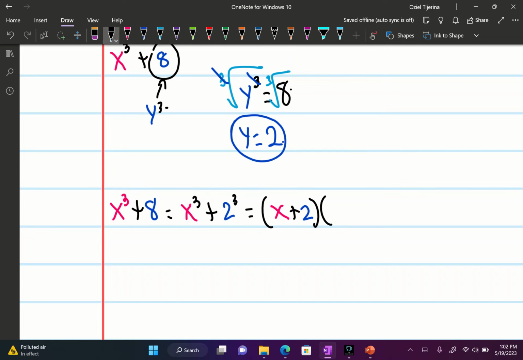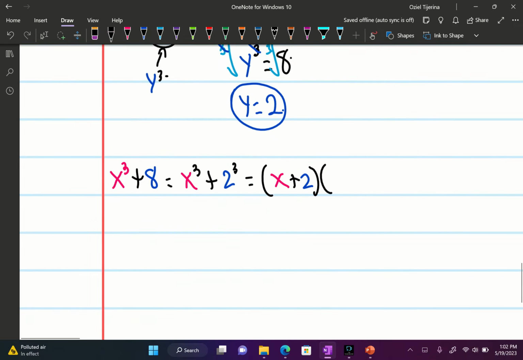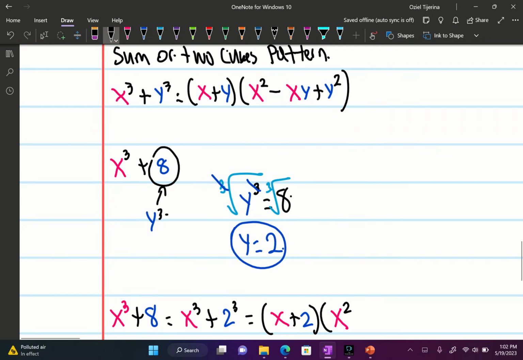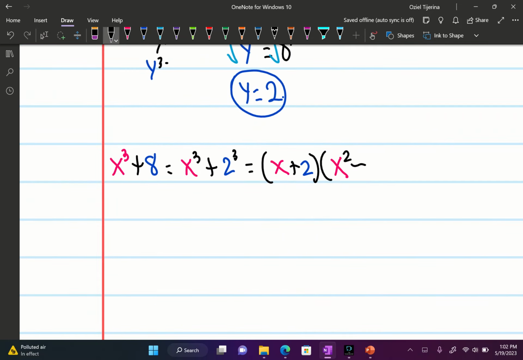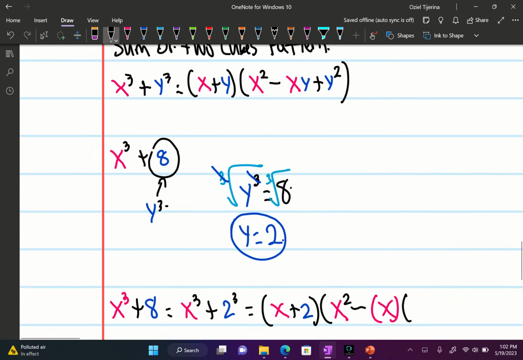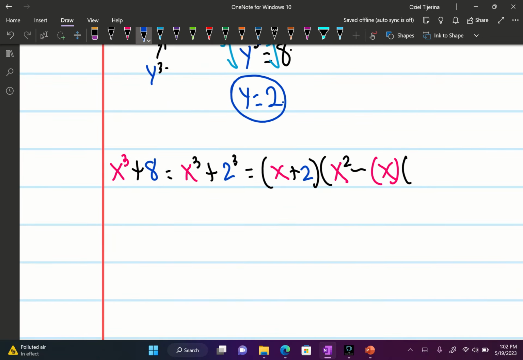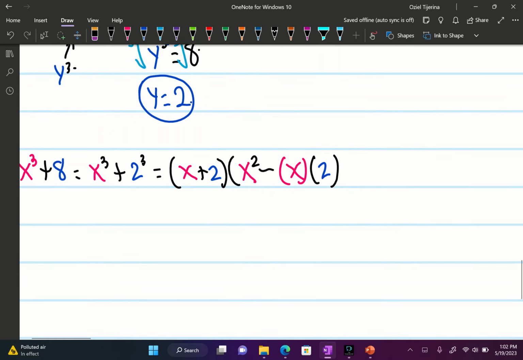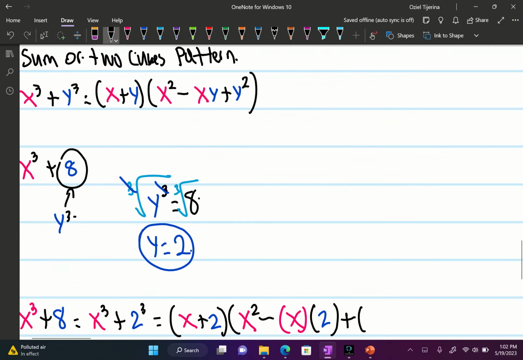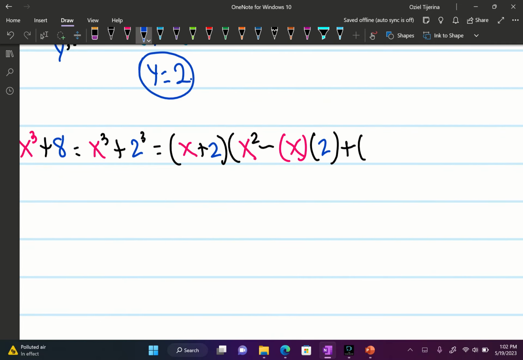times the quantity, and we have x squared minus x times 2, because y is 2, right? And then plus 2 squared.